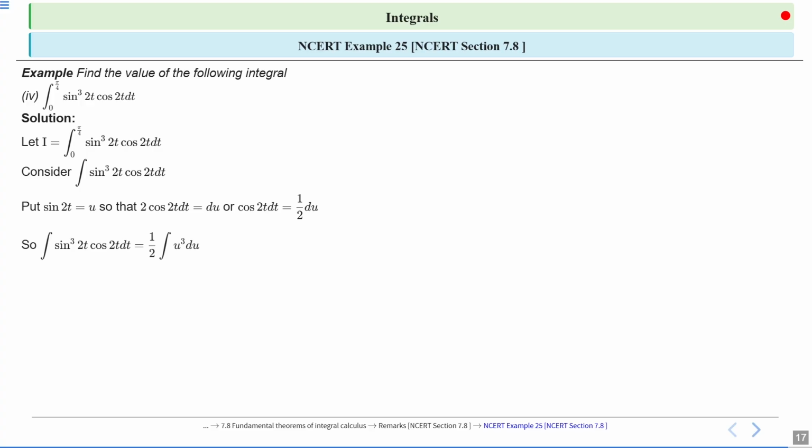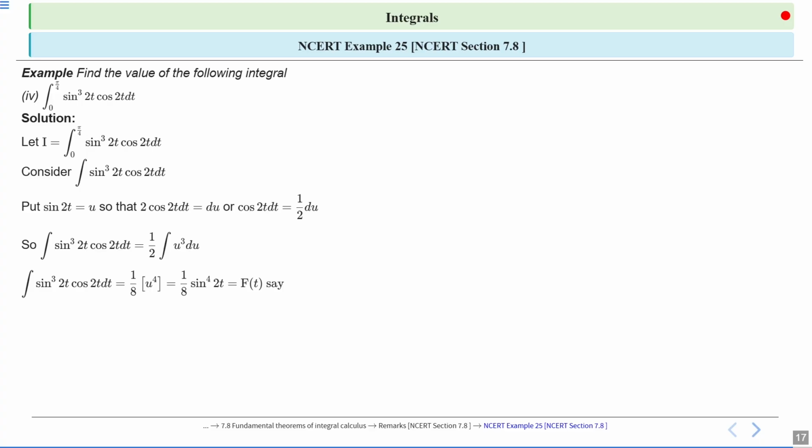So my integral becomes, in place of sine 2t we put u, and in place of cos 2t dt we put 1 by 2 du. So my integral becomes 1 by 2 integral u cube du.